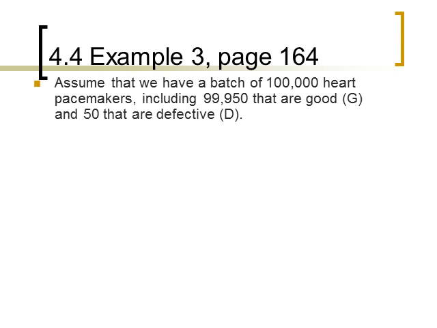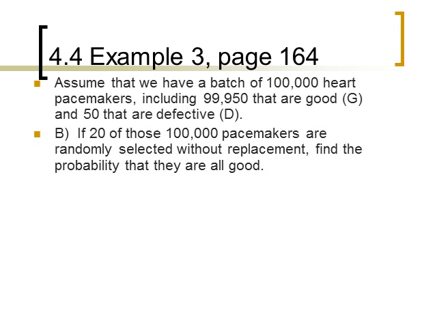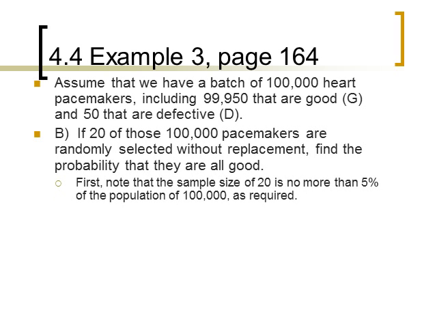Assume that we still have a batch of 100,000 heart pacemakers. 99,950 are good and 50 are defective. Now if 20 of those 100,000 pacemakers are randomly selected without replacement, find the probability that they are all good. Okay, so let's look at how we would set this up.